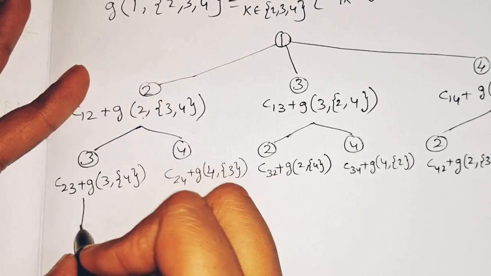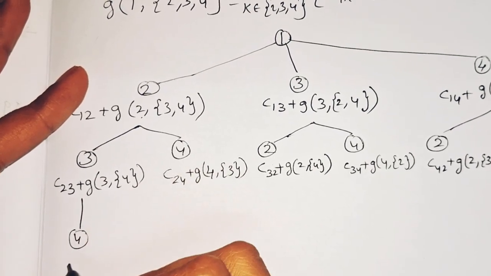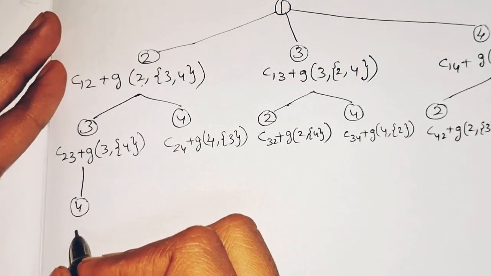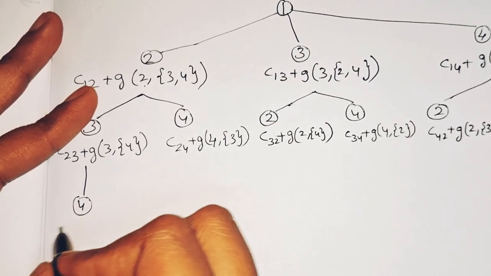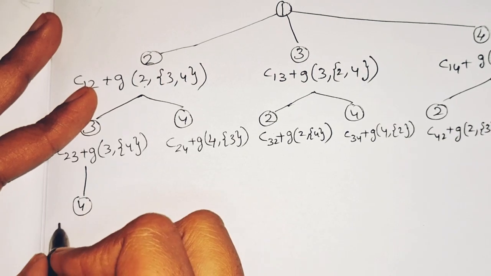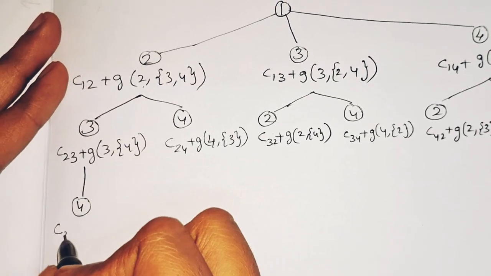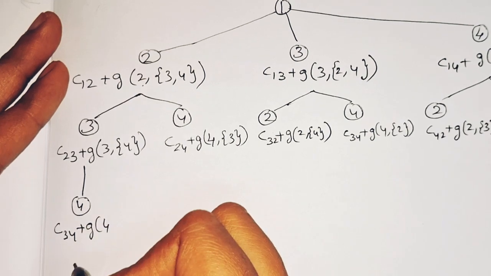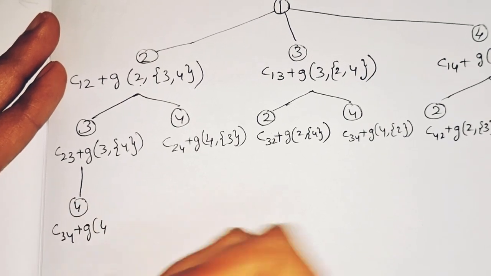So from 3 we can reach the node 4. Okay, so for this node we have to calculate the formula. So C 3 4 we have visited and G of 4 comma, so there is no node, right? So again we have to visit the 1.